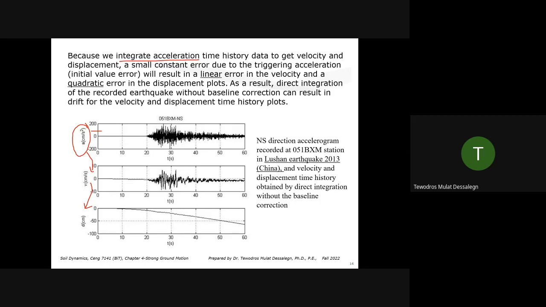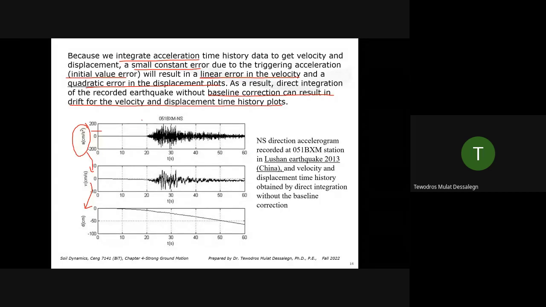A small constant error, due to the triggering acceleration initial value error, will result in a linear error in velocity and a quadratic error in displacement because of the integration. As a result, direct integration of the recorded earthquake without baseline correction can result in drift in the velocity and displacement time history plots. That's what you see here.